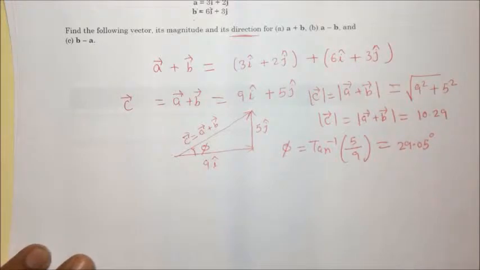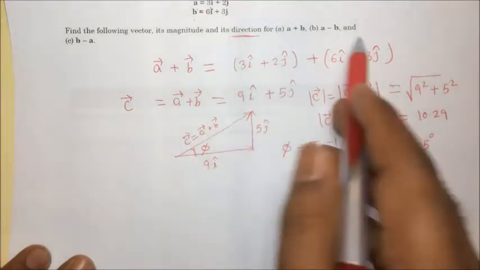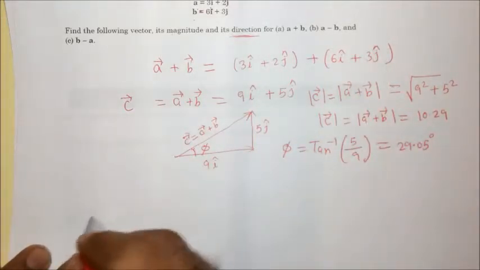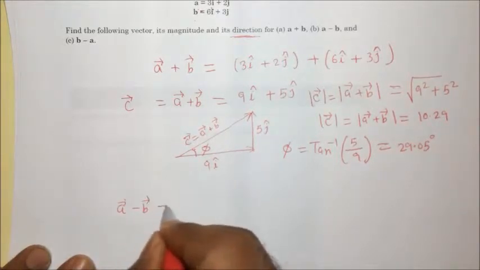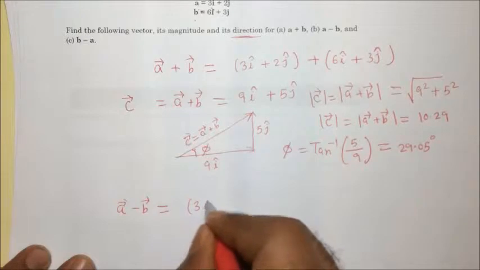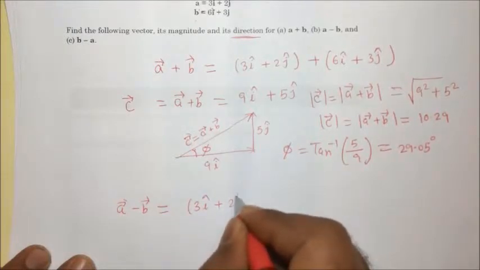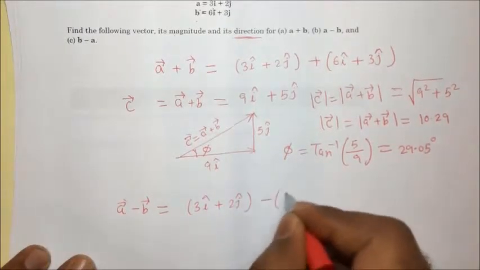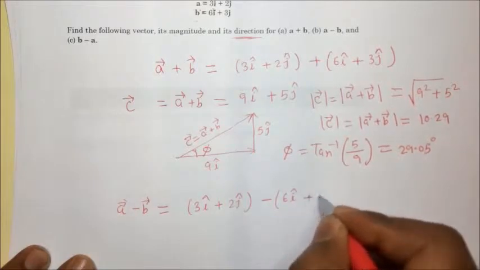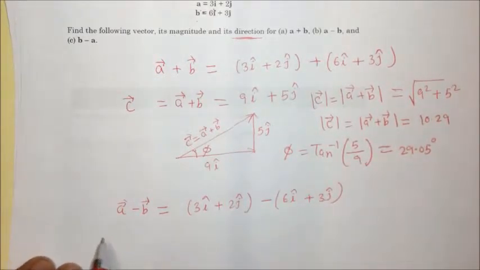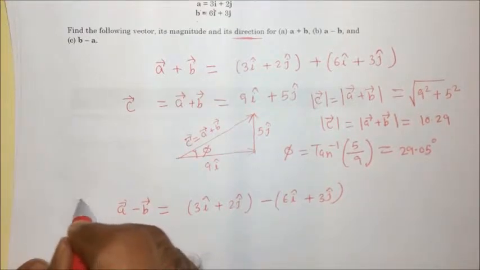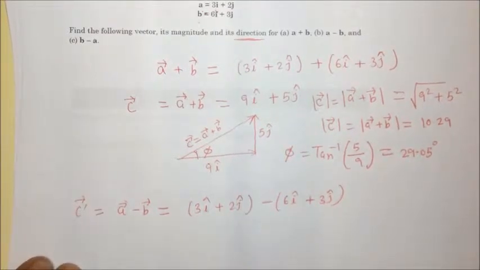How about vector A minus vector B? Vector A minus vector B is going to be 3i plus 2j minus 6i plus 3j. I can say that this is my vector C prime.